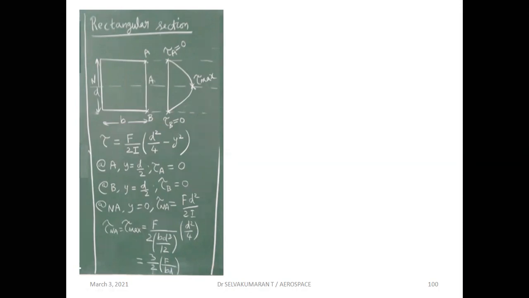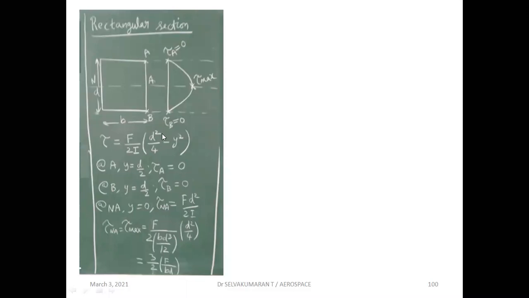Now, if this is my expression to determine the shearing stress for beams, at A, for example, y is nothing but total depth divided by 2. So at A, y is equal to d by 2. Substitute this in the expression.